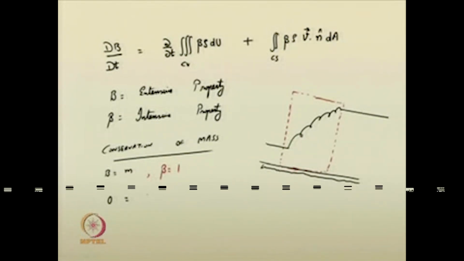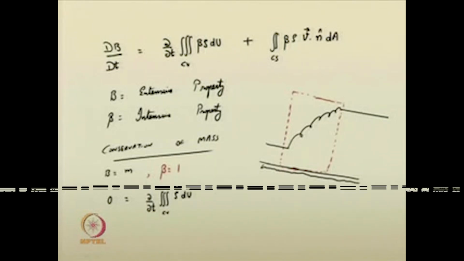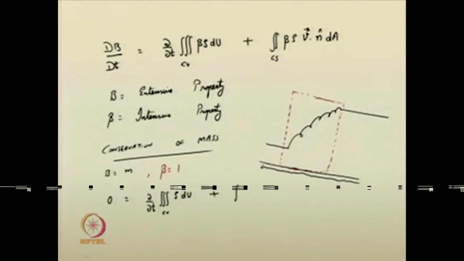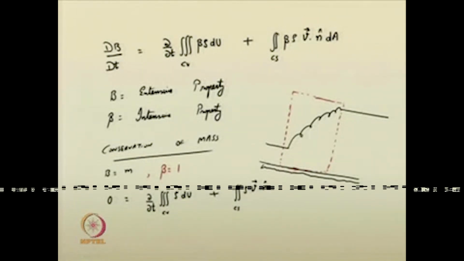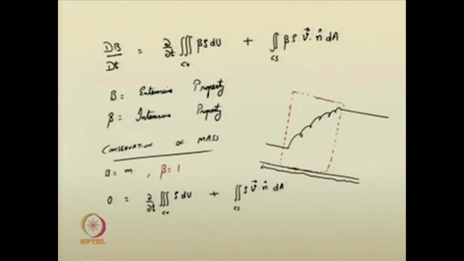So, based on that same principle, you will get ∂/∂t of ∫ρ dU plus ∫ over the control surface of ρ v·n dA.